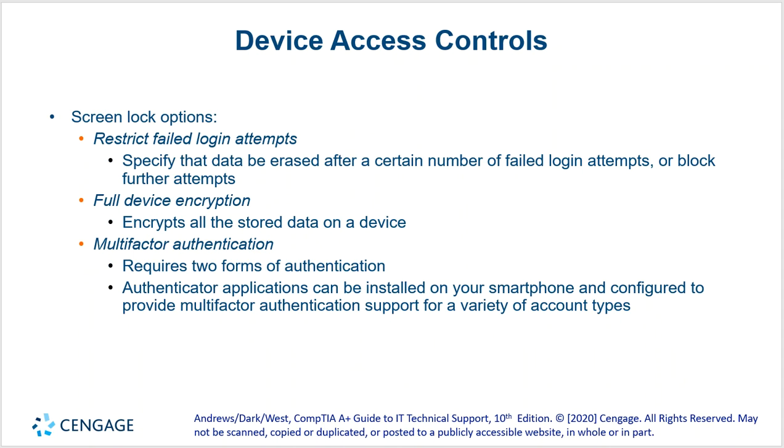Right, so you've got screen lock options such as restrict failed login attempts, where after a certain amount of attempts, you have a waiting period before you can attempt again, and then you try again and the waiting period gets longer.